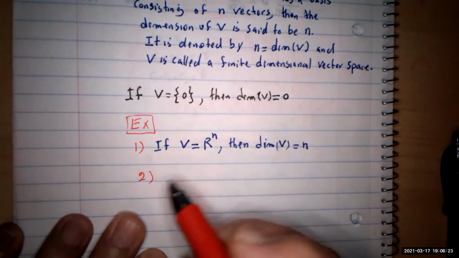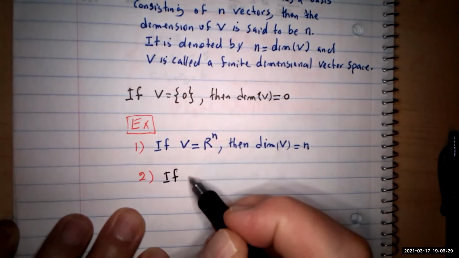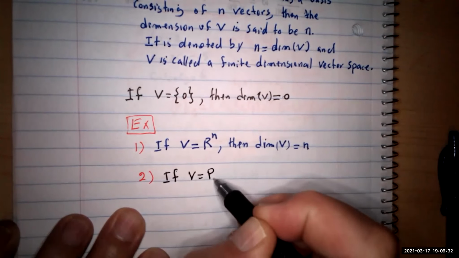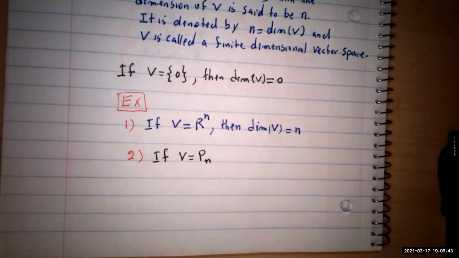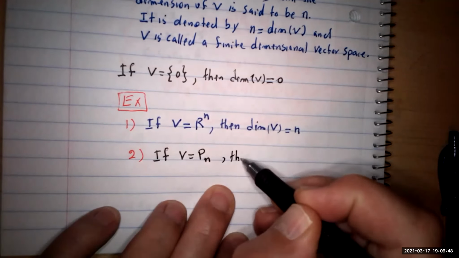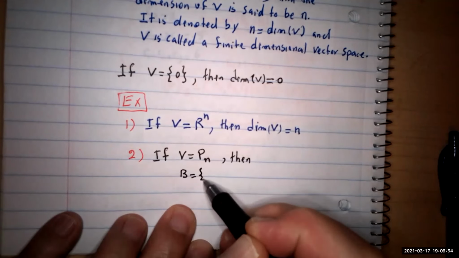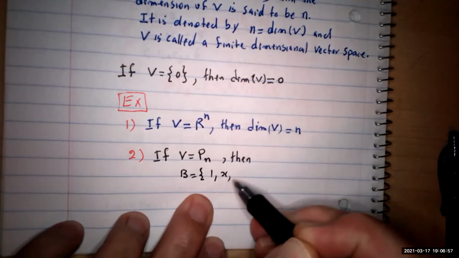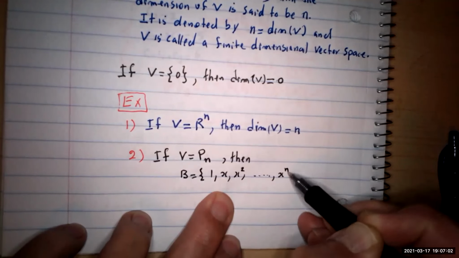What's going to be case 2? Case 2 is if you consider the vector space Pn. Remember, Pn is the vector space of all polynomials whose degree is at most n. Then we have a basis: the polynomial would be a combination of 1, x, x squared, up to x^n.